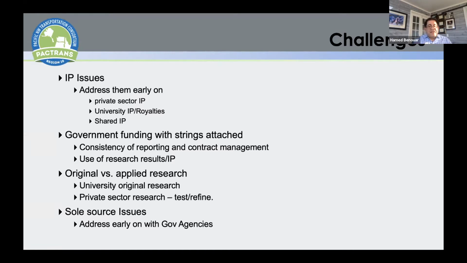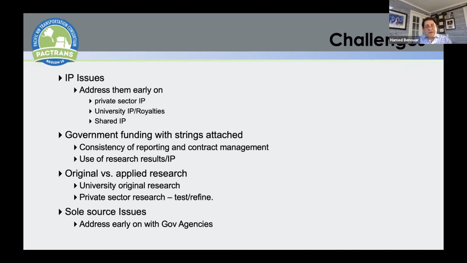They spend a lot of the time on it, and sometimes they get a contract manager that's micromanaging them. So it's very important to try to relieve the burden on the research team and focus on the research and the tech transfer.